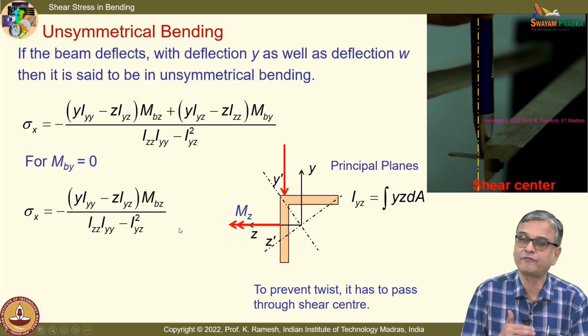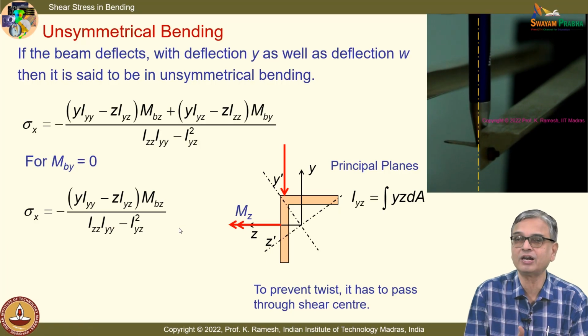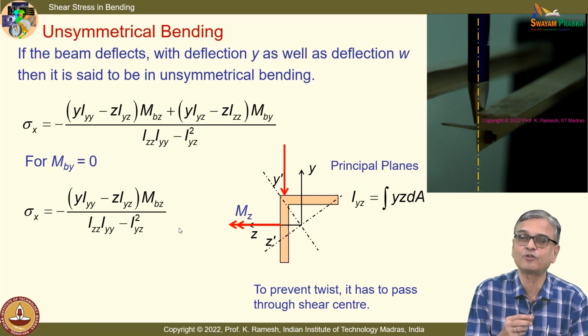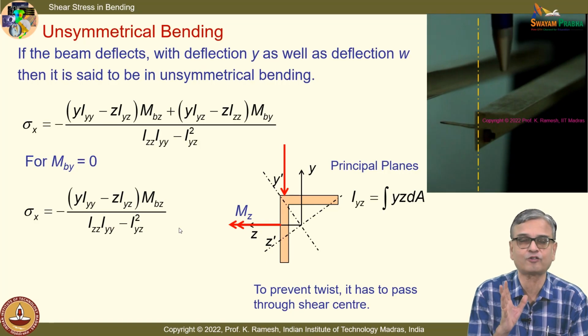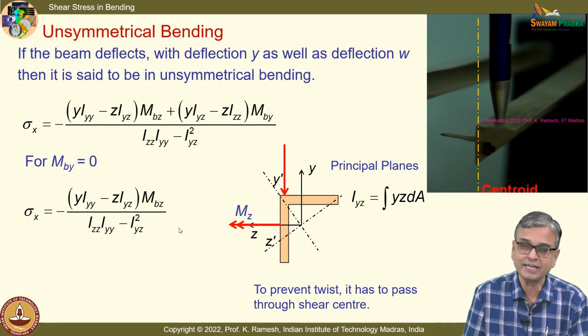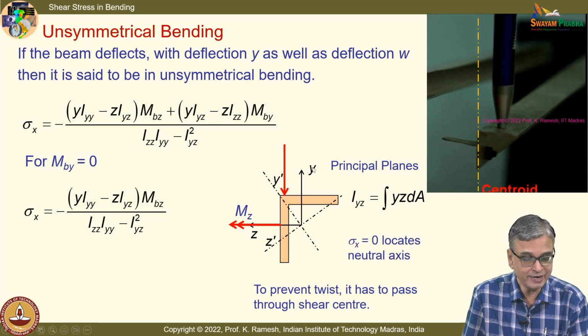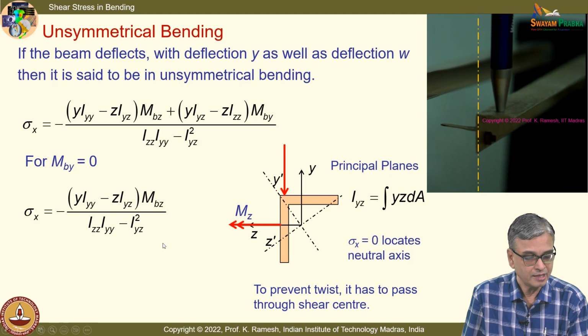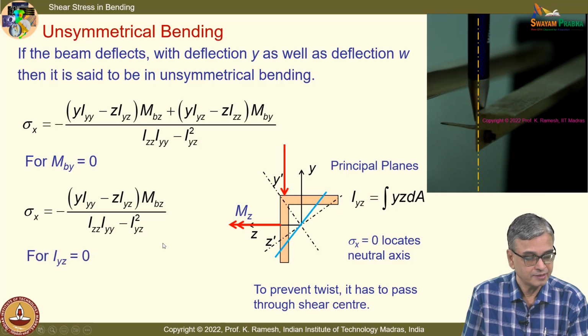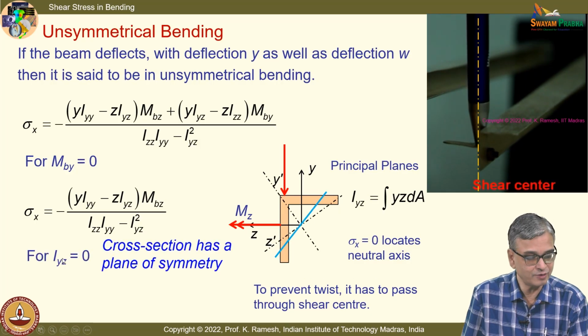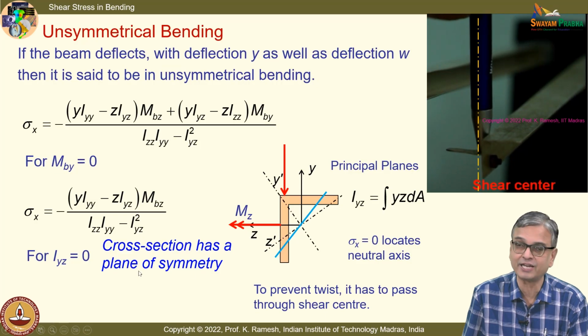See, one way of verifying whether these expressions are all right, we must also find out, if I simplify it for a symmetrical cross section, what happens. The moment I say a cross section is symmetrical, I will have Iyz equal to 0. It is not meant for this problem, but for the generic case when Iyz equals 0, the cross section has a plane of symmetry.